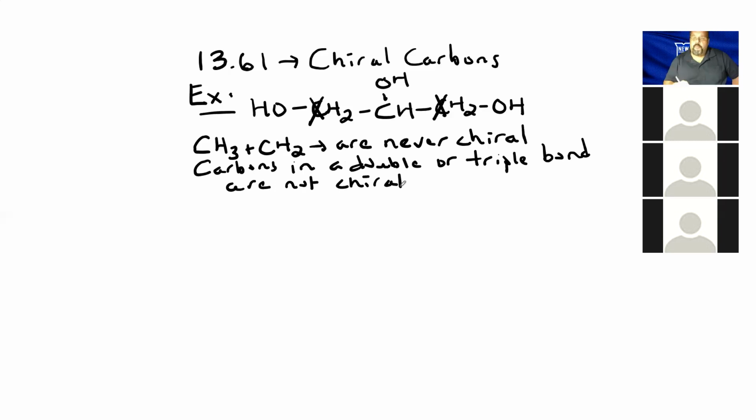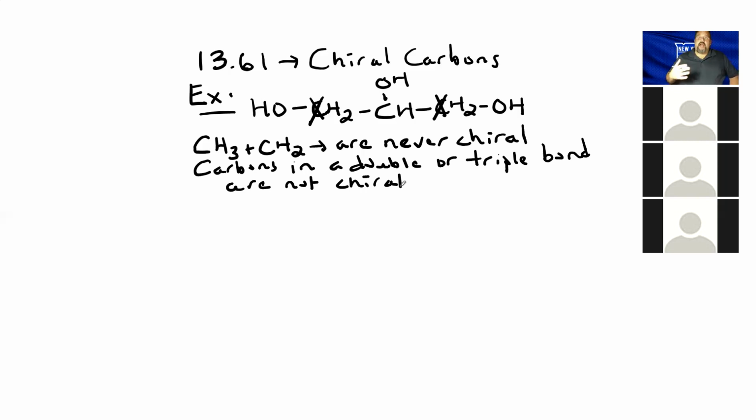If you're a carbon in a double bond, what's the maximum number of different things you can have attached to you? It's not 4, it's only 3. And if you're a carbon in a triple bond, what's the maximum number of different things that you can have attached to you? It's not 4, it's not 3, it's only 2.